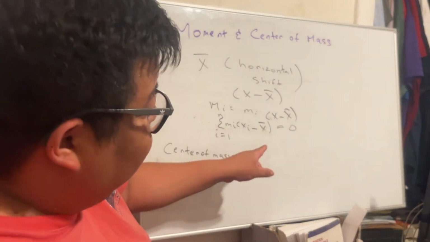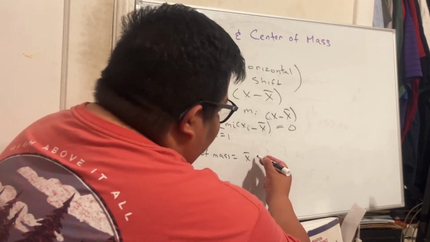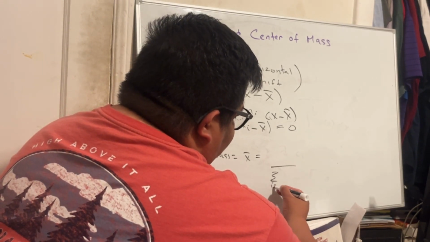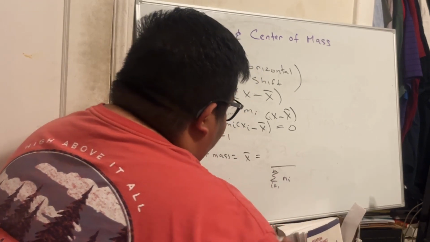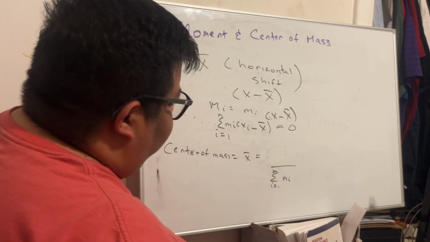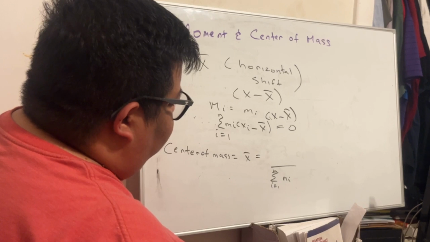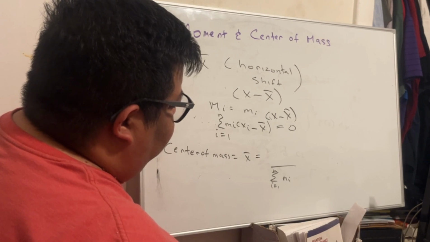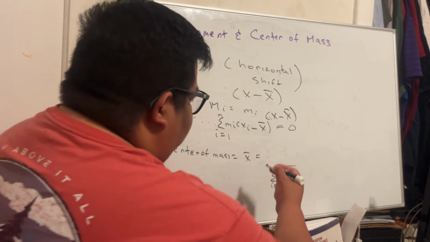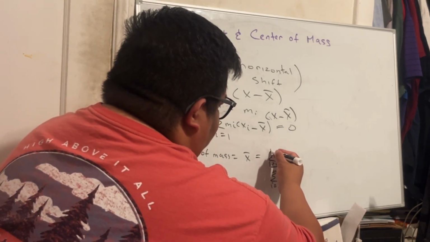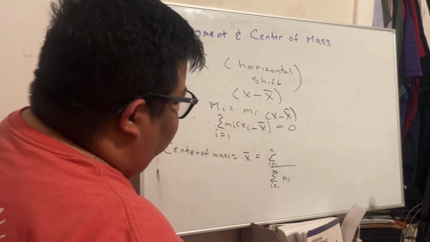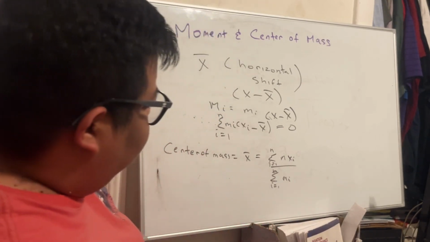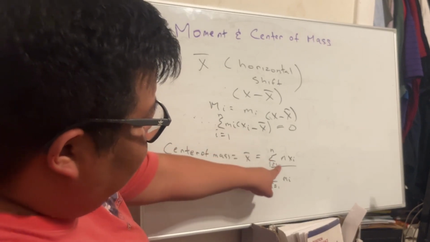So if we solve the equation for x bar, we multiply mi times xi, and that gives us the top.